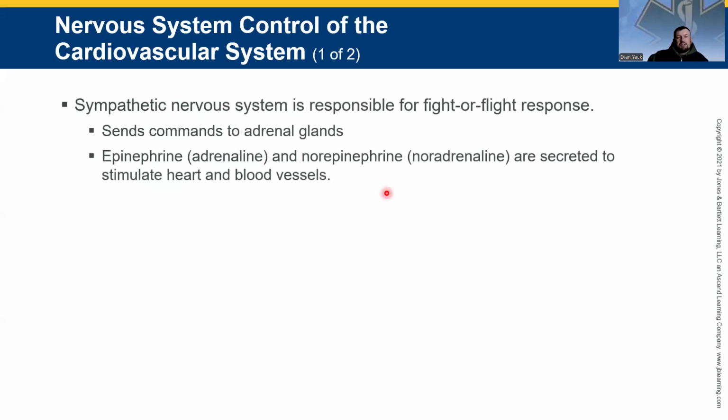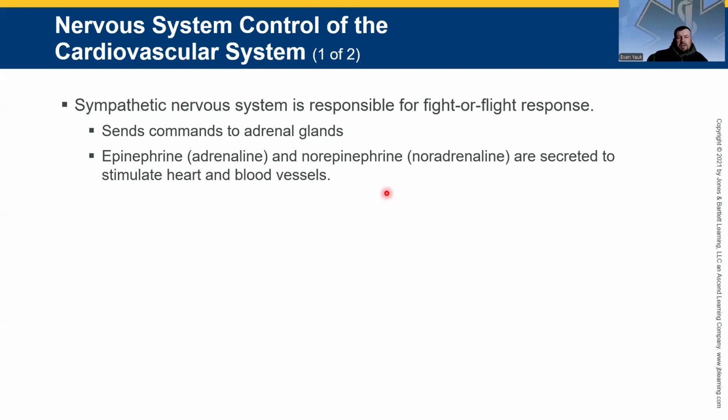Nervous system control of the cardiovascular system is our sympathetic nervous system, and it's responsible for the fight or flight response. It sends commands to our adrenal glands, and it helps release epinephrine and norepinephrine.